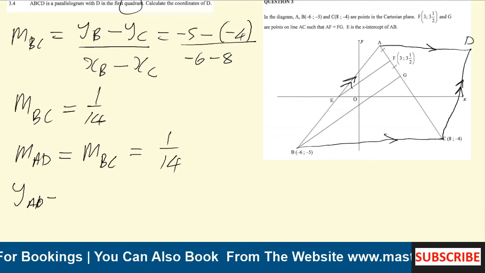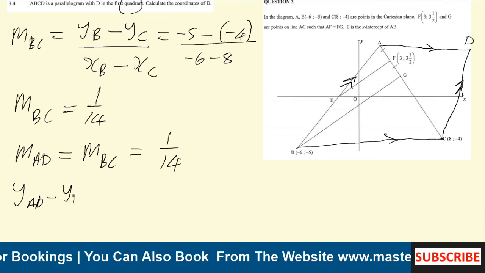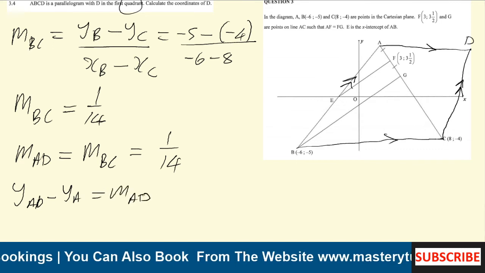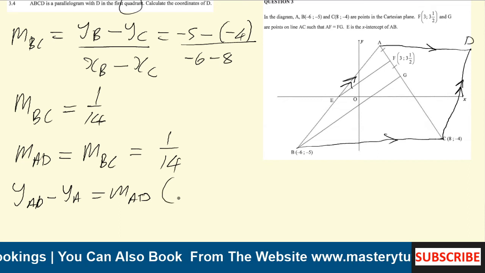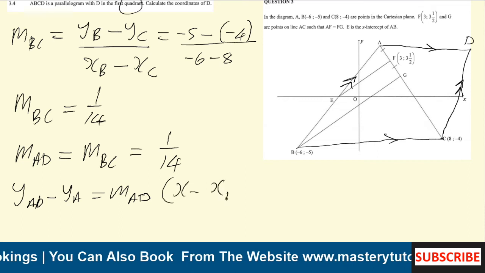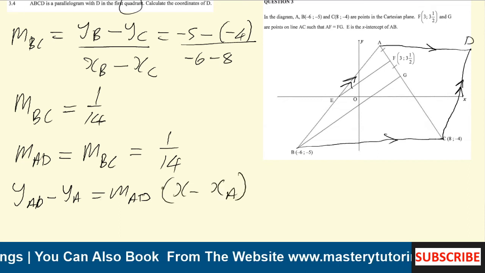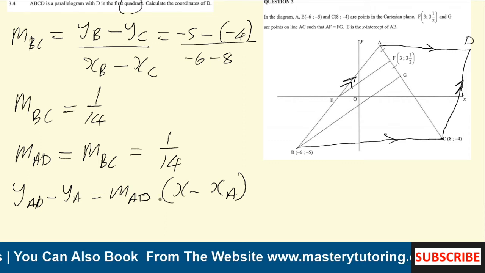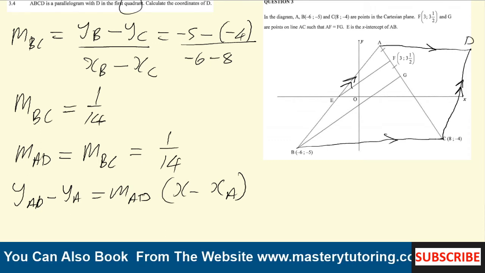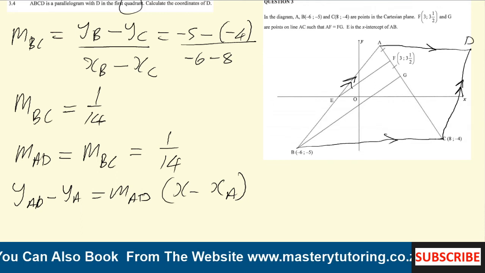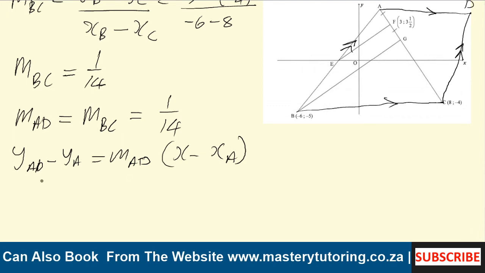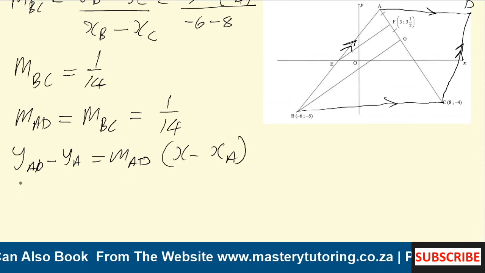Line AD is y minus y at A. We know the coordinates of A, we know the slope MAD, and we're looking for the coordinates of D. Therefore, we are able to determine the equation of line AD.